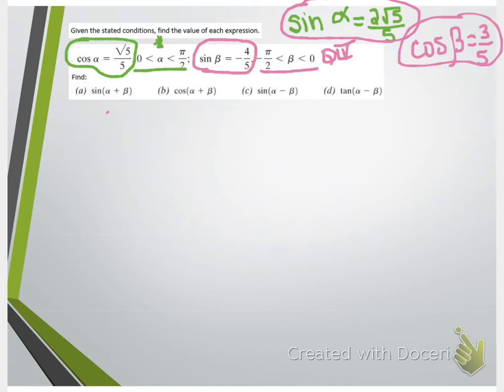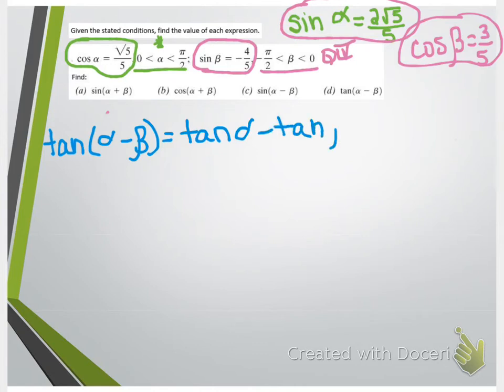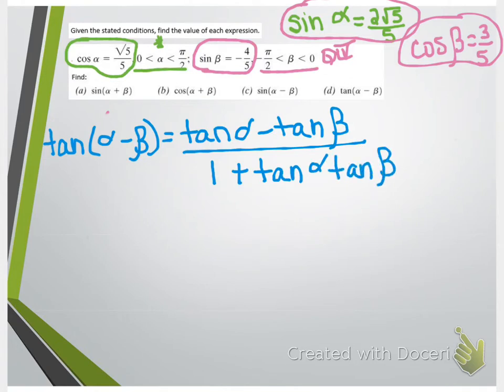All right, let's see. Different color. All right, so let's do the tangent of alpha minus beta. So write your formula. This one is the tangent of alpha minus the tangent of beta over 1 plus tangent alpha tangent beta.